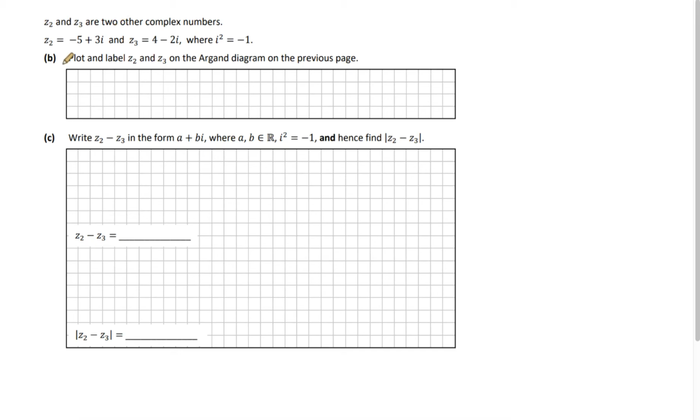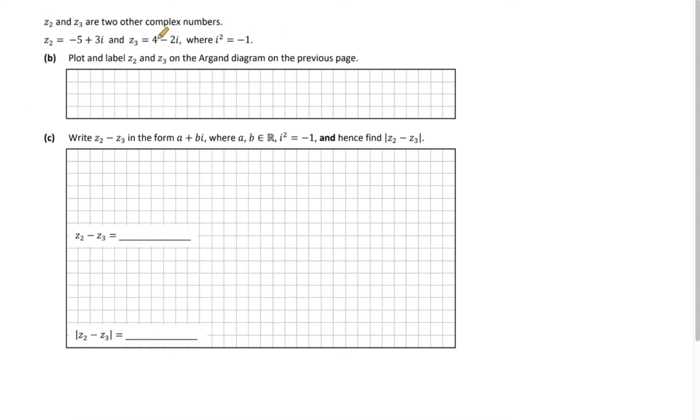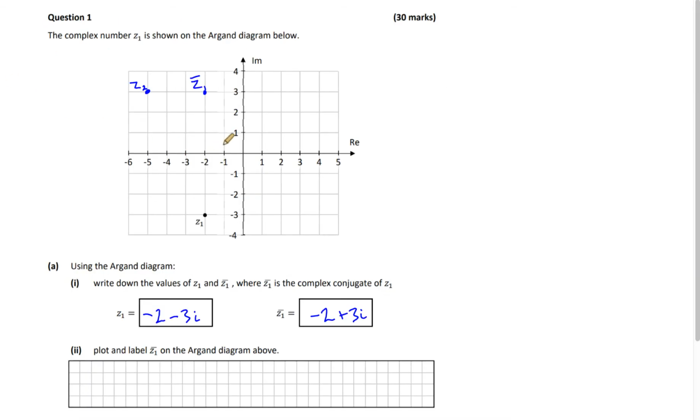So Z2 is minus 5 plus 3i. This is Z2. And Z3 is 4 minus 2i. Over to plus 4 in the real, minus 2i. Z3. So we've plotted and labeled.